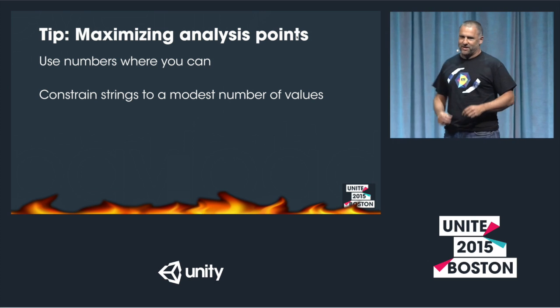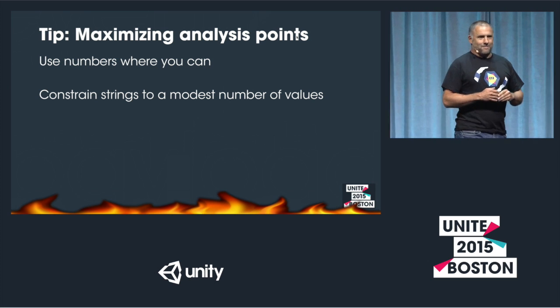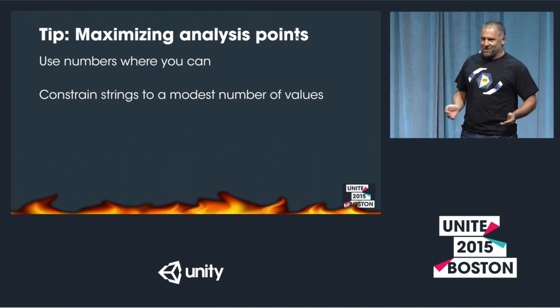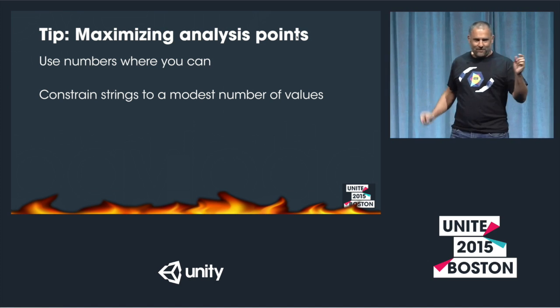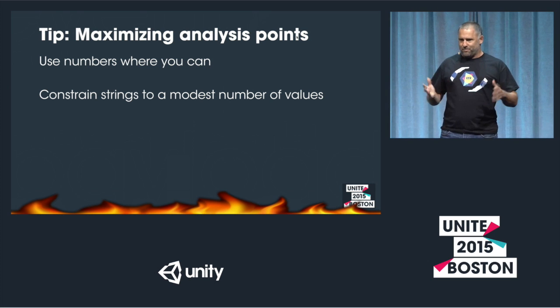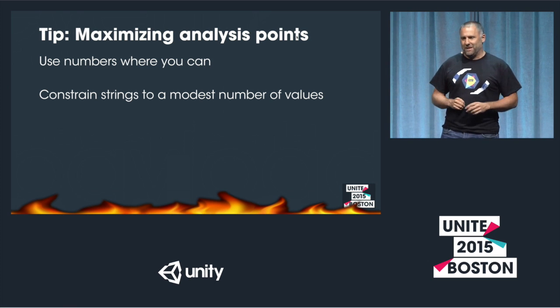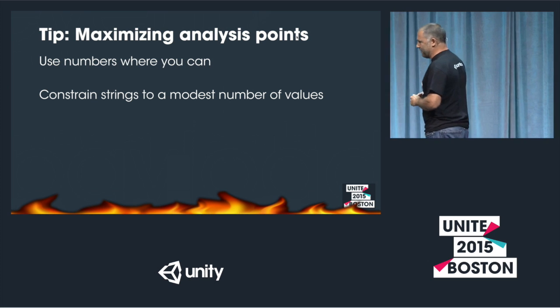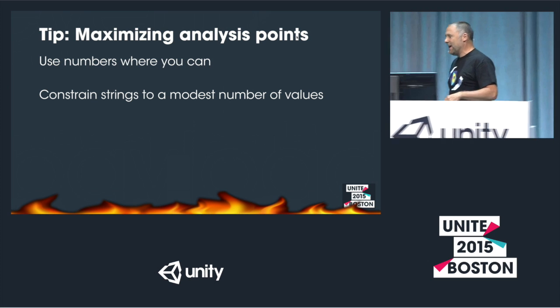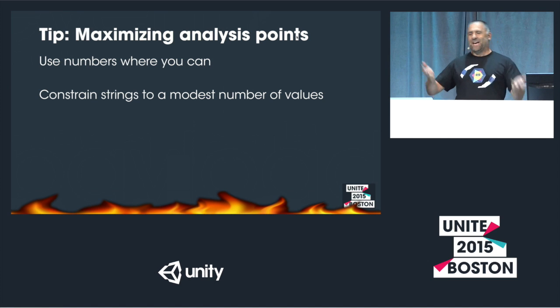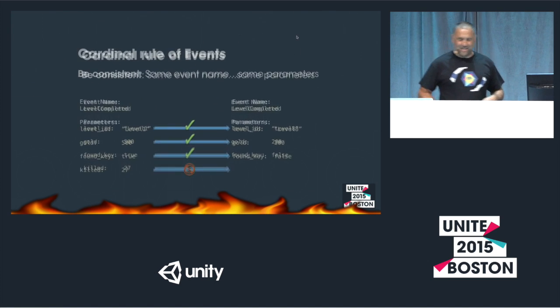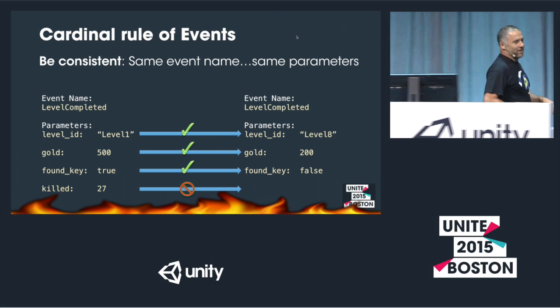Therefore, when you send us strings, try not to send us things that maybe have an infinite number of possible values, user identification IDs that are big, long hashes or something. If you keep it to logical things that actually are meaningful within your game, you're going to get a lot more mileage out of your analysis points, and you won't have to have the conversation with us in which we say, really, did you have to go over the limit? And then, we cry and we work it out for you.